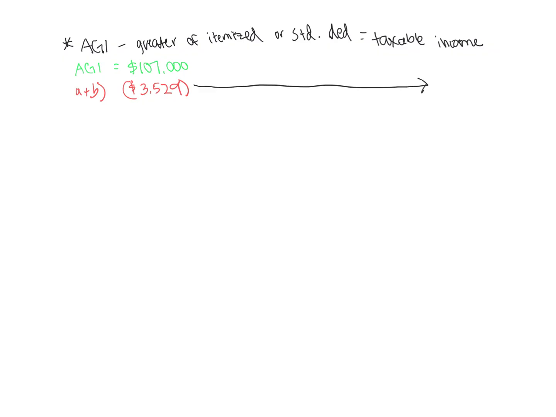so the first thing that we want to start with to get to that $3,529 is to figure out, of all of the medical expenses she has, which ones are even allowed to be deducted, which ones are qualified medical expenses.